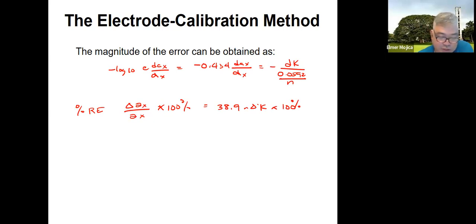So this relative error that we have here is associated with absolute uncertainty in the change of K in K.